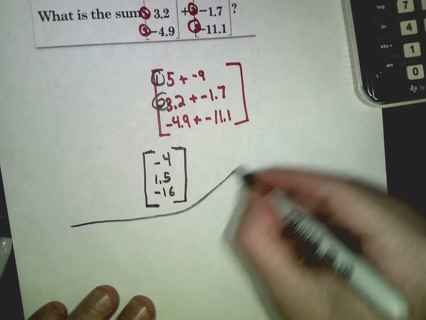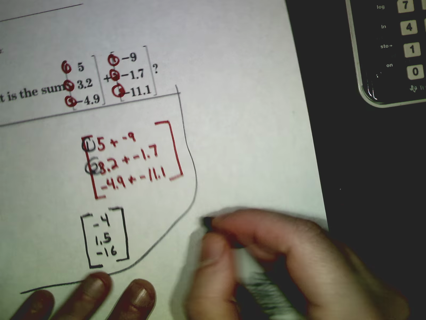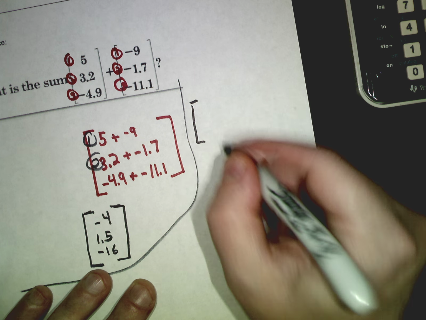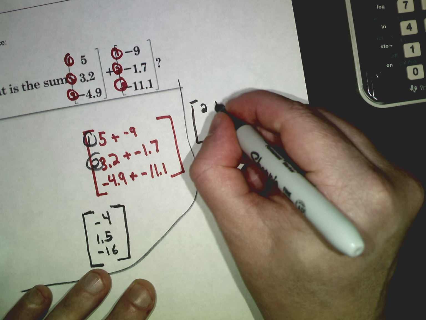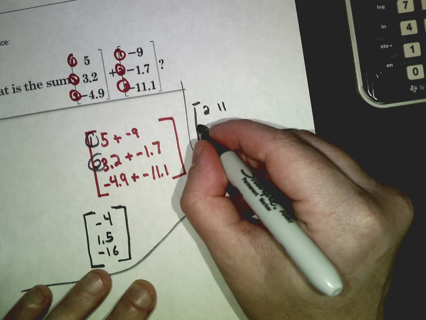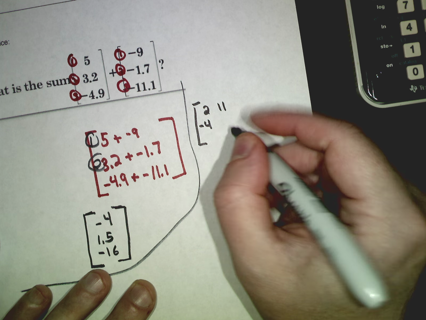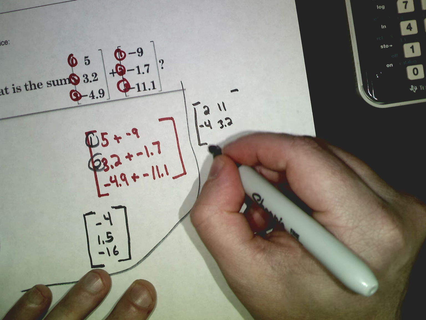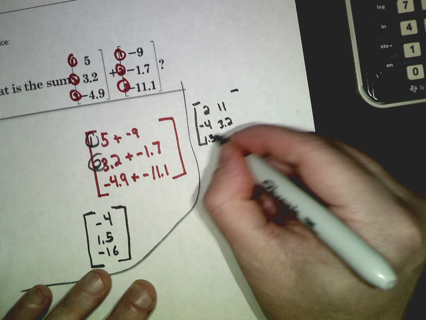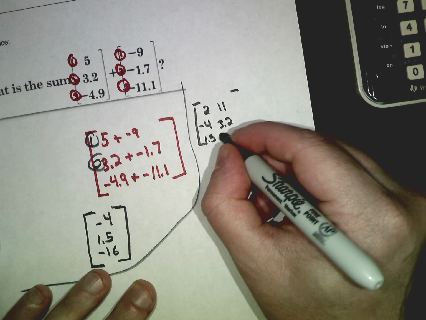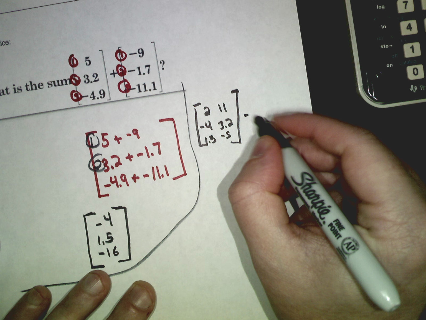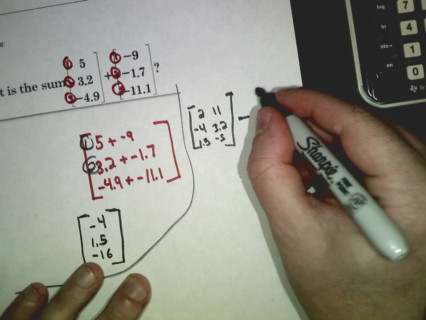Okay, so I'm going to box these off here. Let's start with this new matrix I'm going to make up, and this new problem is going to look like this. And -5. Minus, subtracting this other matrix.